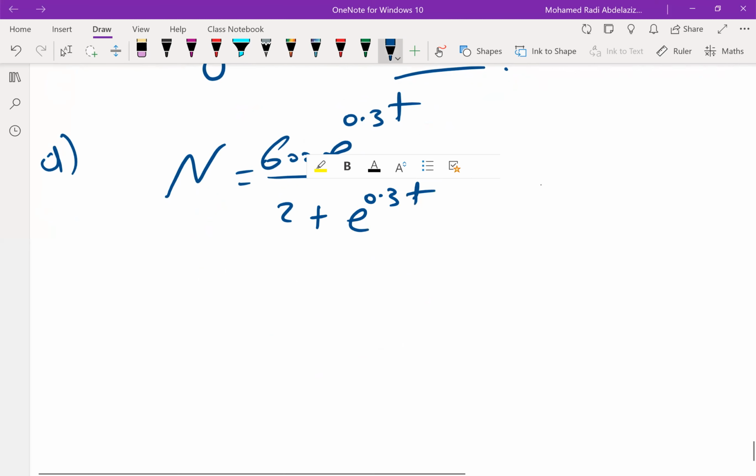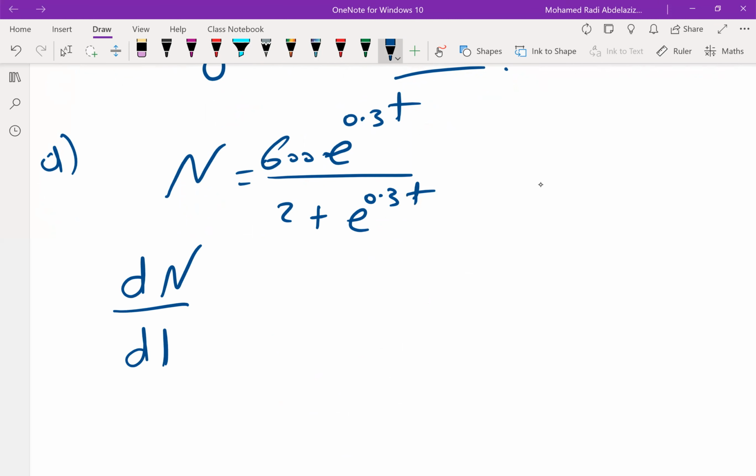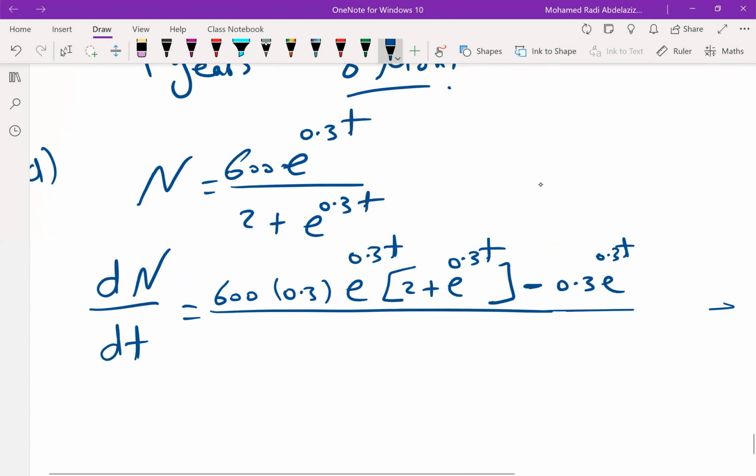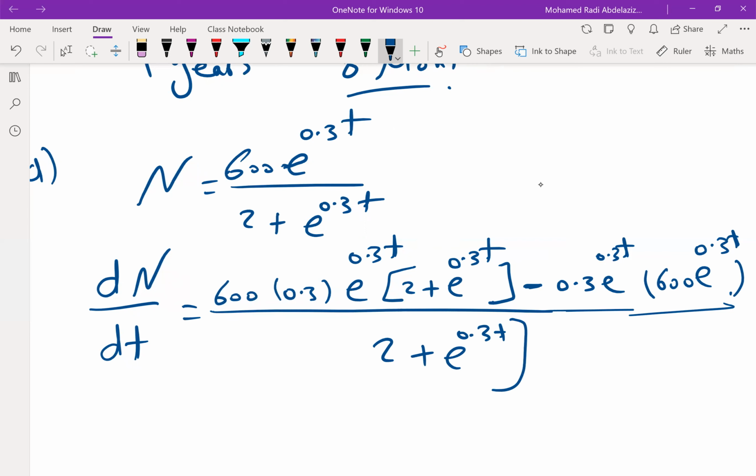If you differentiate, dN by dt is equal to a fraction: the derivative of the numerator, 600 times 0.3 e to the power of 0.3t, multiplied by the denominator 2 plus e to the power of 0.3t, minus the derivative of the denominator, 0.3 e to the power of 0.3t, multiplied by the numerator 600 e to the power of 0.3t, all divided by 2 plus e to the power of 0.3t the whole squared.